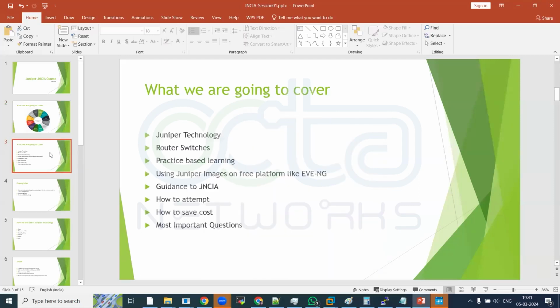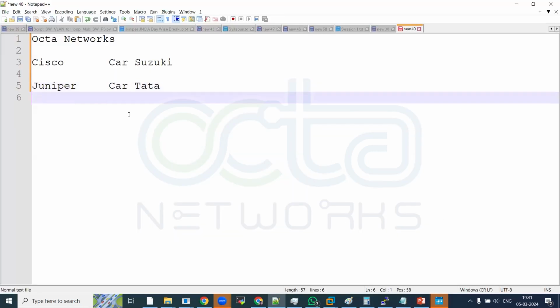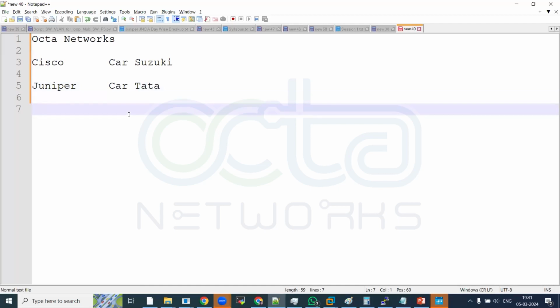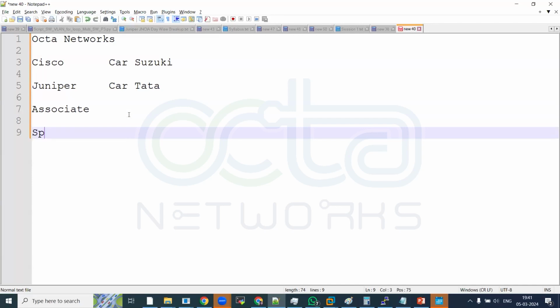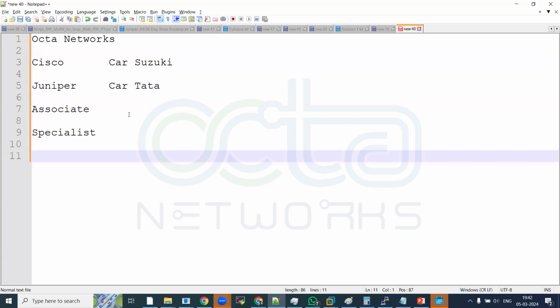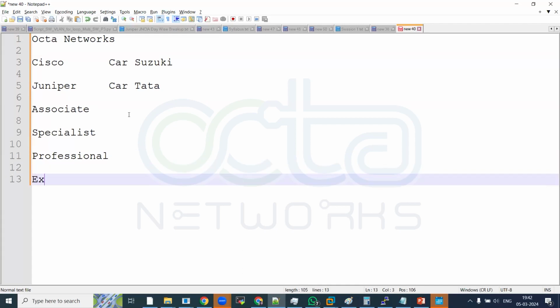There are 4 levels in Juniper certification. We have the associate level, then the specialist level, then the professional level, and then the expert level, right?